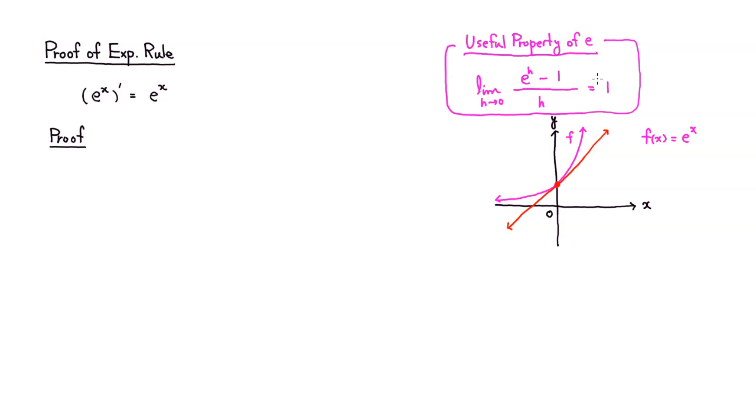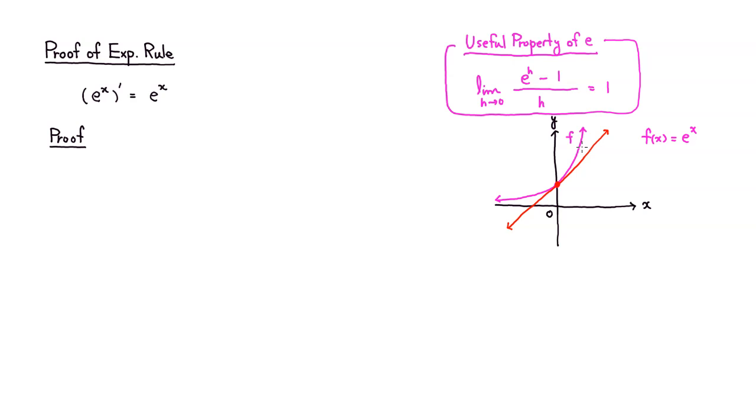It seems like a random limit, but this is actually the derivative of the exponential function at x equals 0. Geometrically, this is what it means. f of x is e to the x, so you have this purple curve, the graph of the exponential function e to the x.